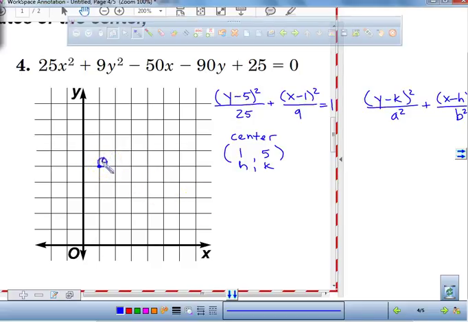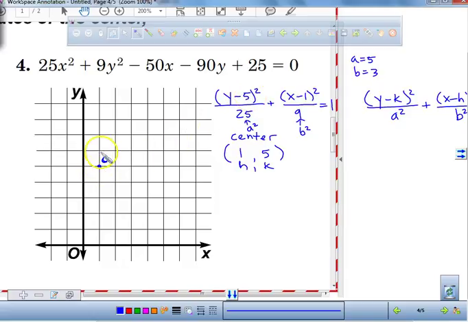All right. C, your center. Now, this right here represents your a squared. That represents your b squared. So my a value has to equal 5, and my b value has to equal 3. So right here, what am I leading with? I'm leading with the y's. So the a's have to go up and down, not left and right.